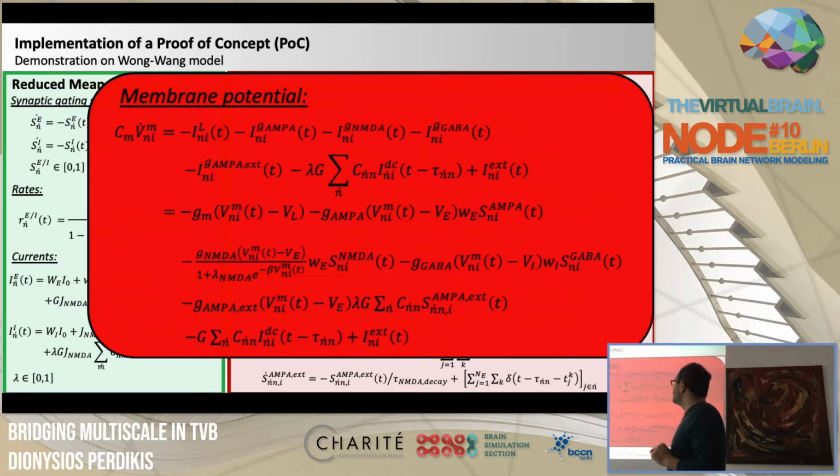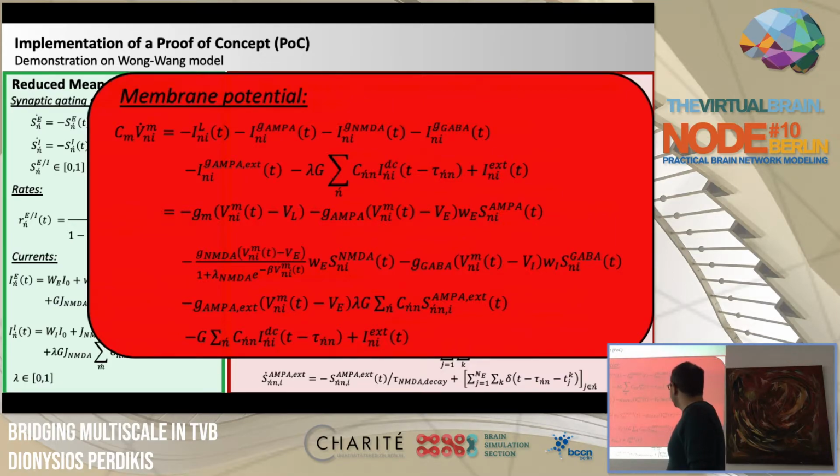So let's see each one of the currents, how it can be generated. So the leak current is just a conductance times the difference of the membrane potential with the leak potential. Similarly, AMPA synapses follow this equation. Again, there is a conductance constant, the difference with the excitatory reversal potential, and a multiplication with the synaptic gating variable, the percentage of synaptic channels that are open for the AMPA synapse.